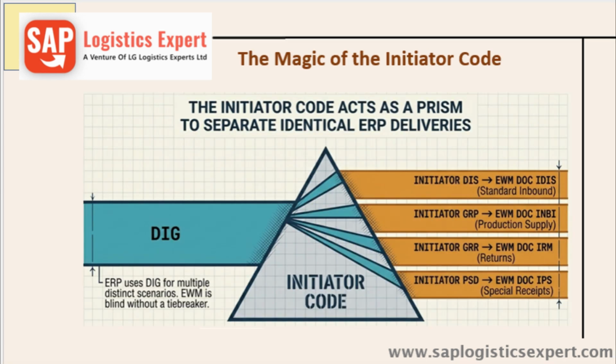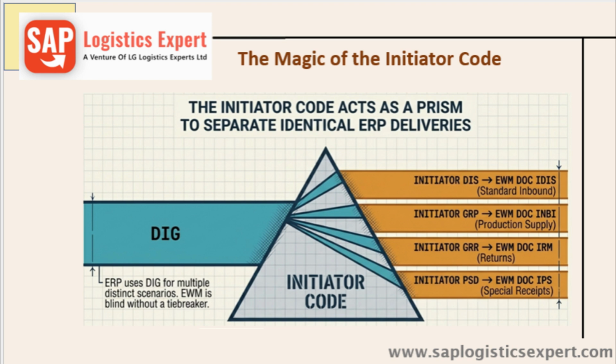Now we will see the magic of the initiator code. The initiator code allows EWM to split one ERP delivery type into multiple EWM document types. Example: ERP uses ERP document type DIG for many scenarios like standard inbound, production supply, returns, special receipts. But EWM needs different documents for each scenario.